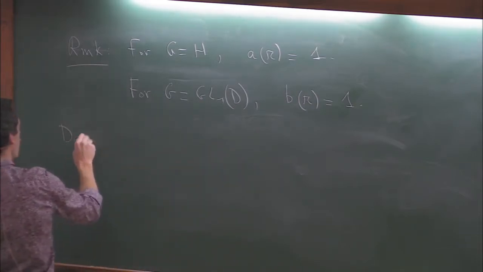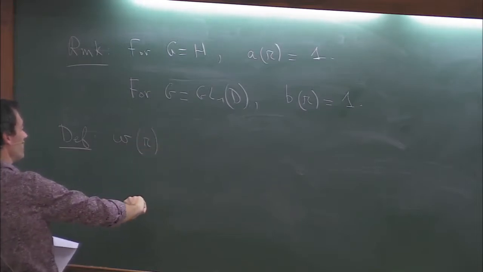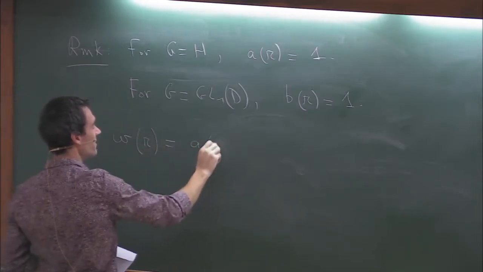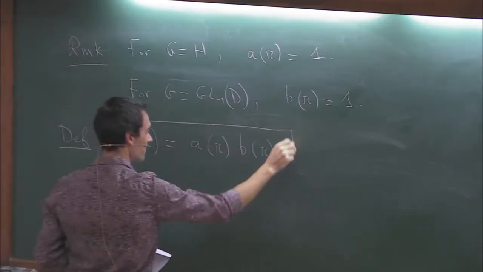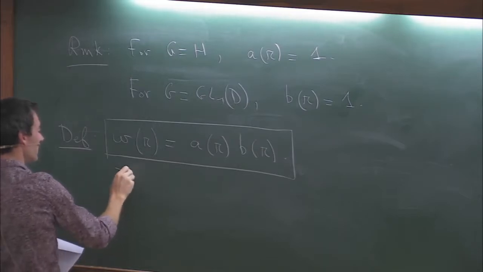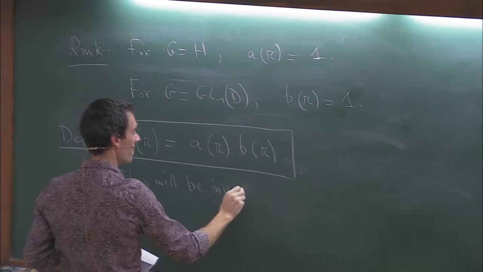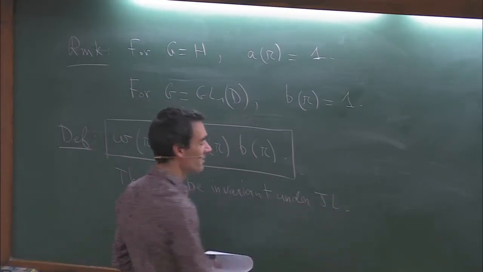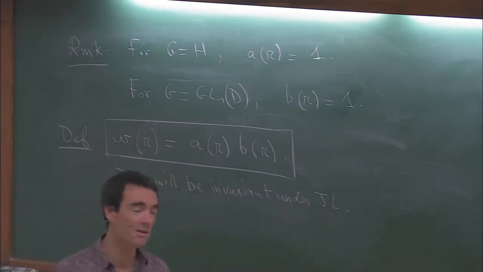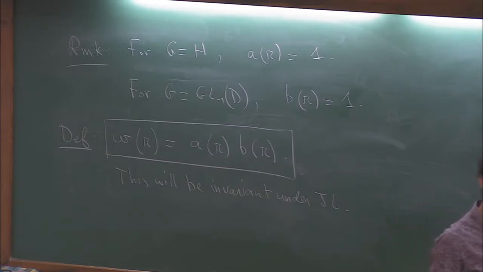I define w of pi, by definition, as the product a of pi times b of pi, and you will see that this will be invariant under the Jacquet-Langlands correspondence. It is a crucial fact because this theorem we are going to prove by induction on w.